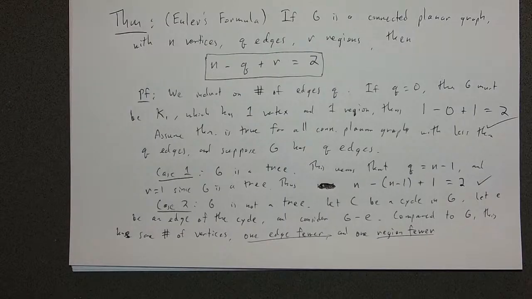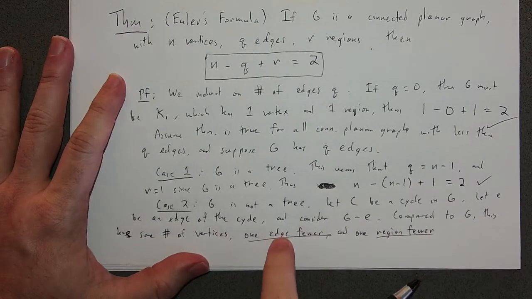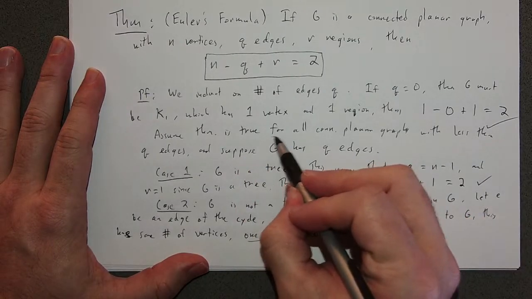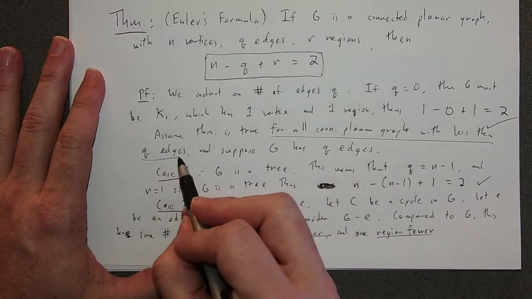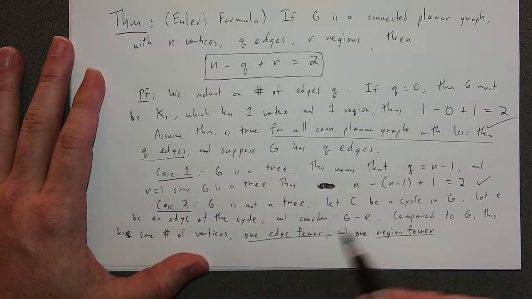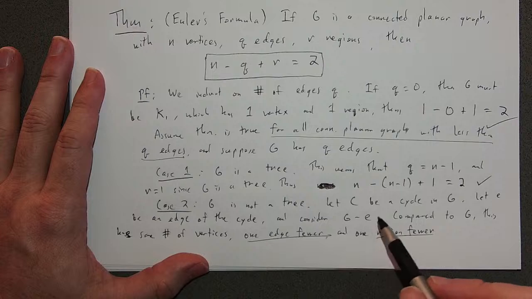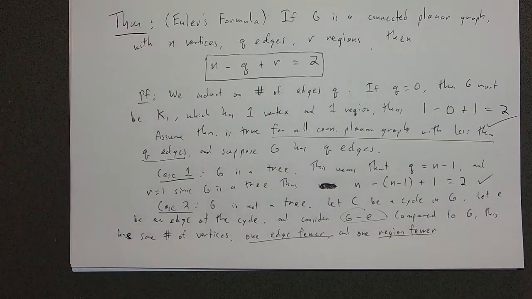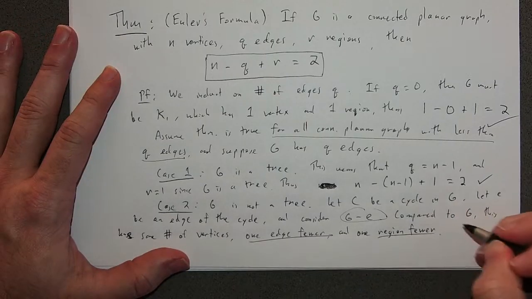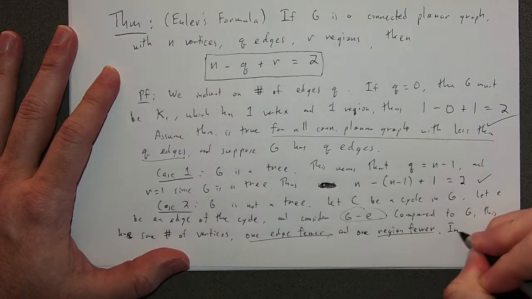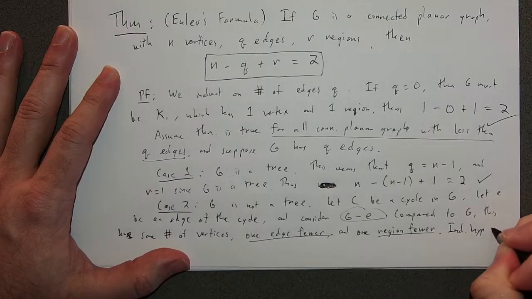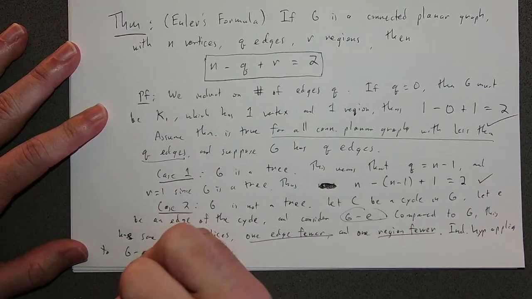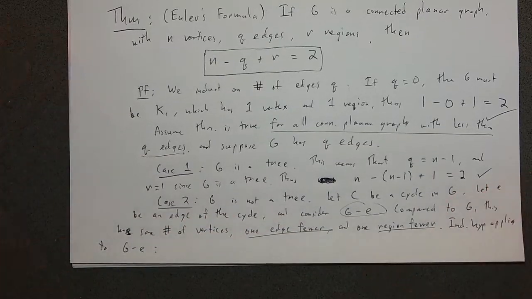Well, since it has one edge fewer, that's important because we assumed that this result was true for all connected planar graphs with less than q edges. And here we have something with less than q edges. So the inductive hypothesis applies to this graph that we formed through edge deletion of E. And so what do we know?